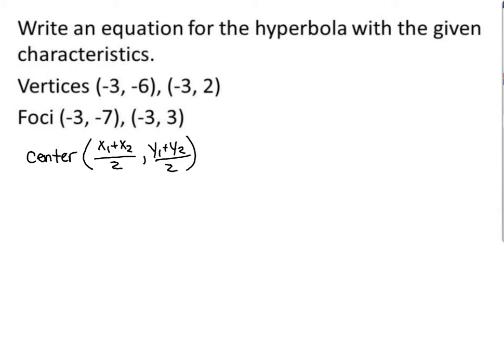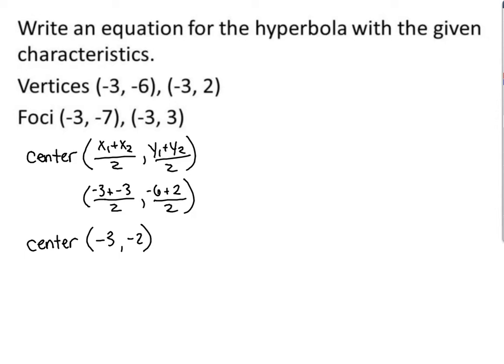It doesn't matter if you find the center of the vertices or the center of the foci, it would be the same. So -3 plus -3 over 2 and -6 plus 2 over 2 is going to give us a center located at (-3, -2).